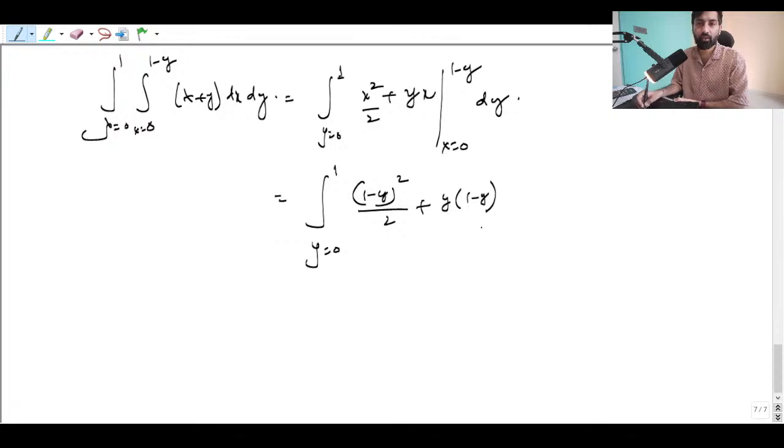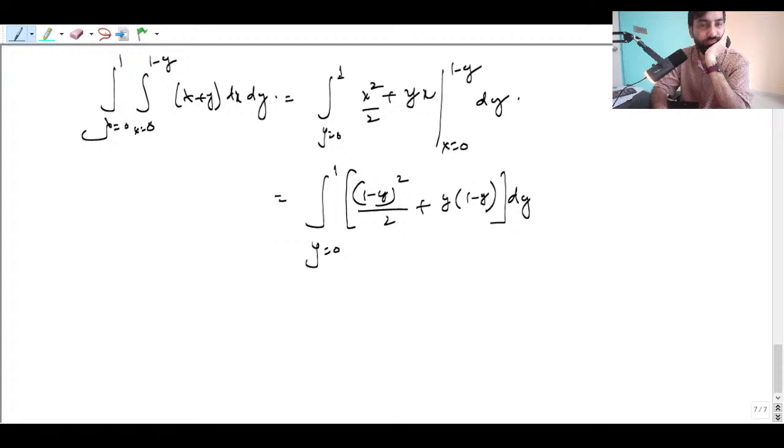I think this is clear, right? And then you have to just integrate this guy with respect to y. It's a very simple setup, right? So you have to do like this. This is the best algorithm that you have to do.